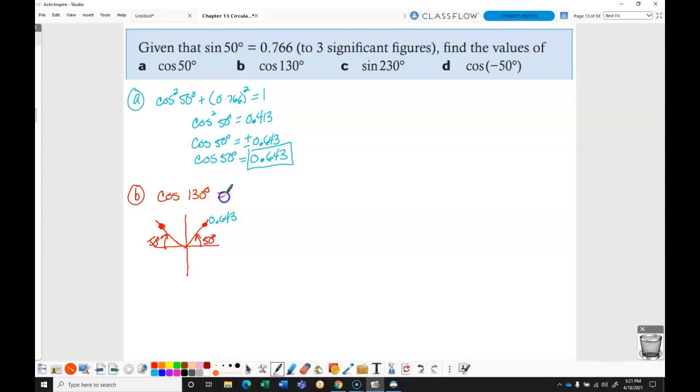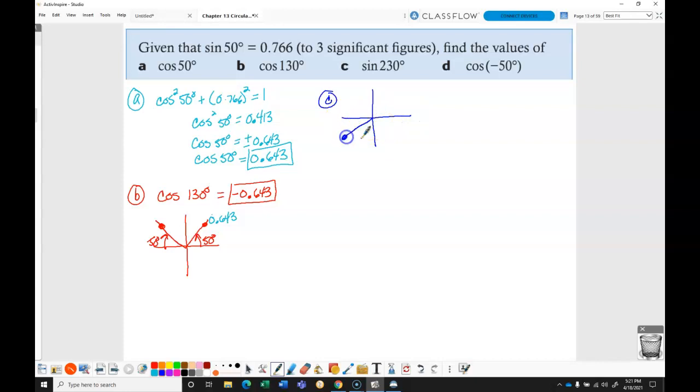All right, and the last one it gives us, let's pick another color here. The letter D wants the cosine of negative 50 degrees. All right, so it wants the cosine, which is the x-coordinate of this angle right here. Well, isn't that going to be the same as the x-coordinate of that angle right there?